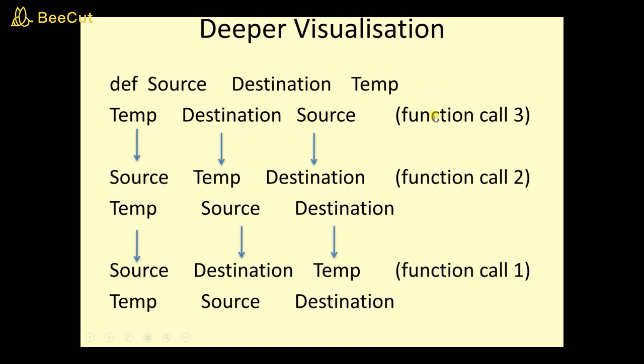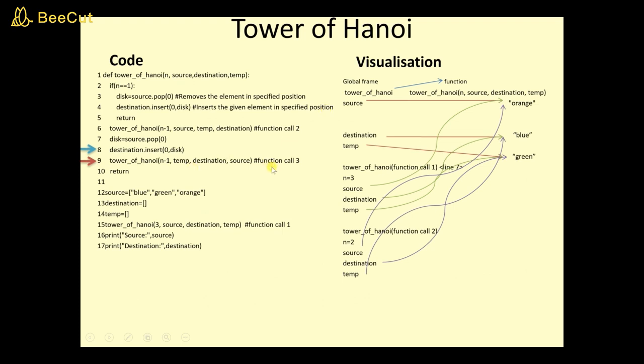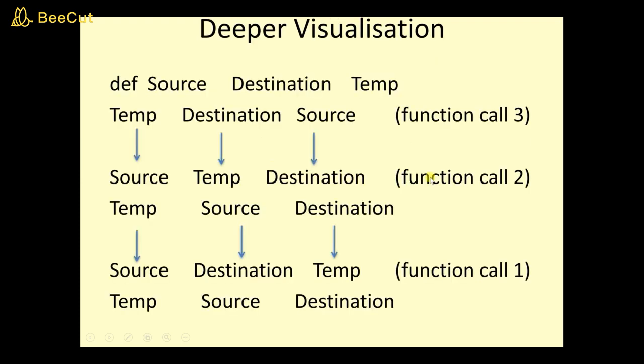This function call 3 is in the order of temp, destination, source. And this function call 2 is in this order: source, temp, and destination. We have to arrange this source, temp, destination in the same order as defined over here. Again, we are using the same concept, and I am explaining it again. We are going to arrange the source, temp, destination in the same order as this one: source, destination, temp.